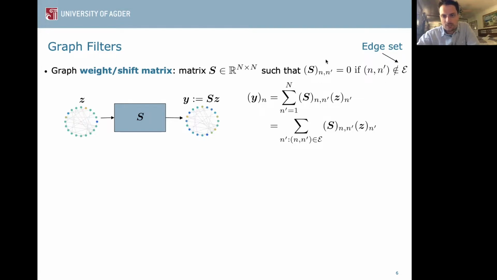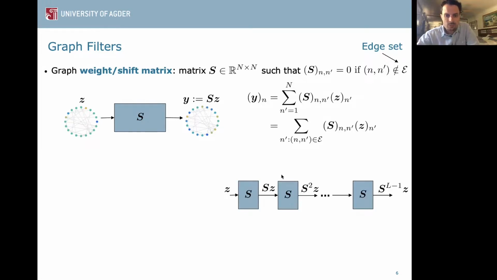So if we just use this property, we observe that the entry of y corresponding to the nth sensor is a linear combination of the entries of z corresponding to the neighbors of n. So this means that if each sensor stores one entry of z and computes one entry of y, then this can be implemented just by interactions with neighbors, right, in a decentralized fashion.